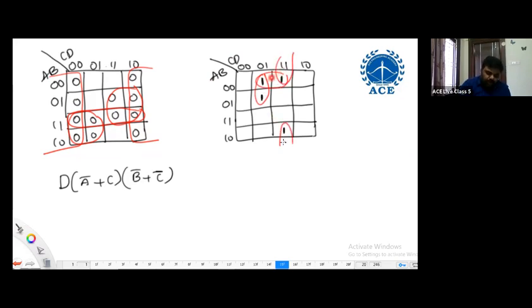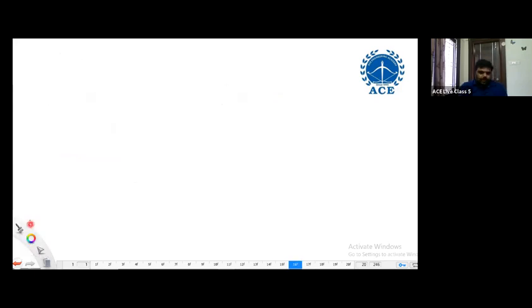This is essential. This one is also essential. This is becoming redundant. Observe correctly. A bar C bar D plus B bar CD. B bar CD is the minimal expression. Once again, one more example.